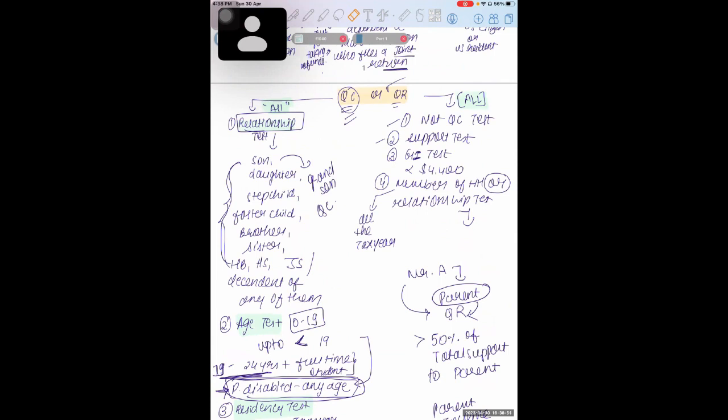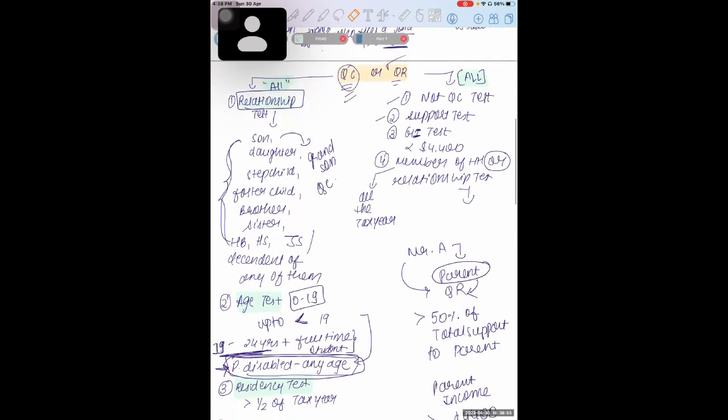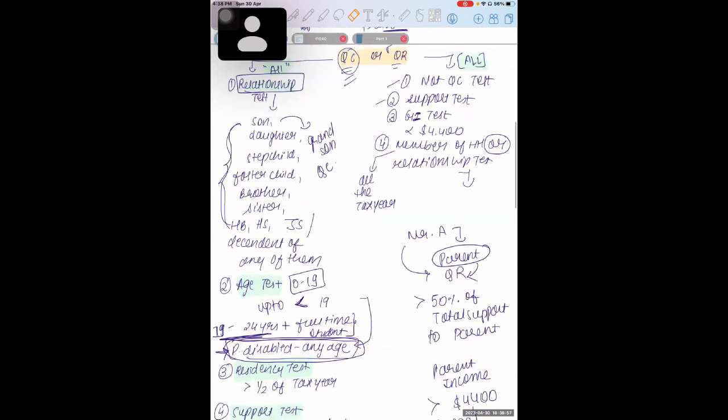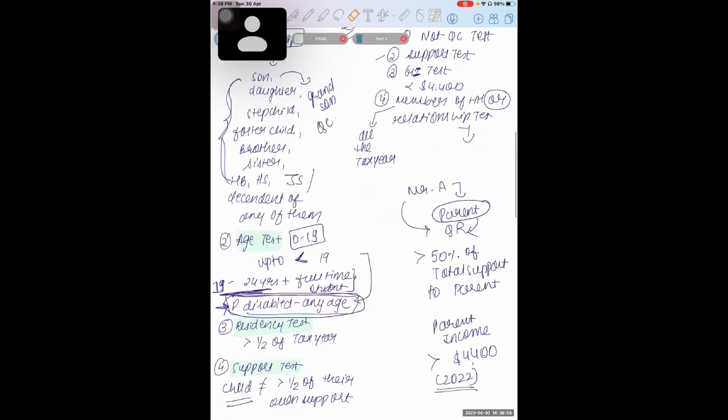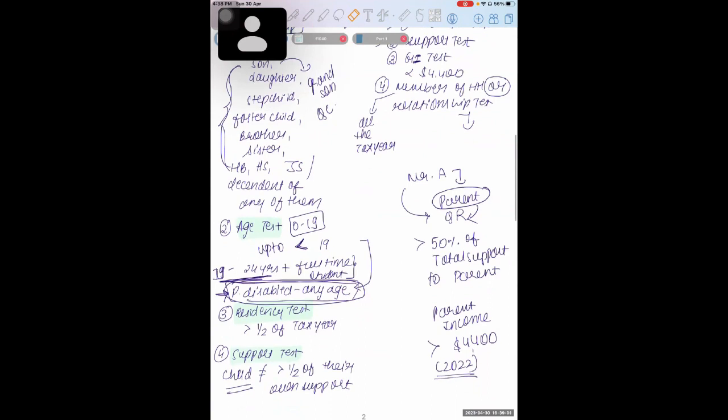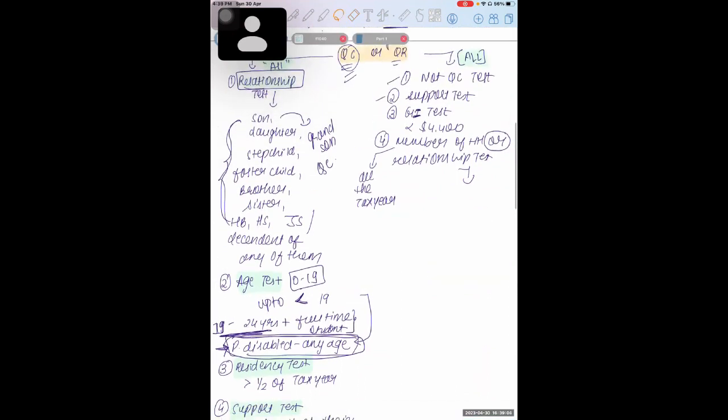Okay. Next, the last one, is the member of household or relationship test. Now let me explain this. The person should either be a member of household, meaning the person should be living with you during the whole year, or the person should be your relative.